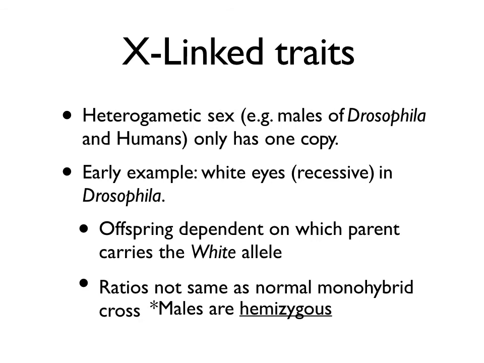The ratios are not going to be the same as a normal monohybrid cross, or even a codominant or incomplete dominant trait. Each of the following slides that I use illustrating the inheritance of sex-linked traits is going to give you some clue as to how these are inherited, and I encourage you to work through some Punnett squares just to make sure that this works for you. Okay.